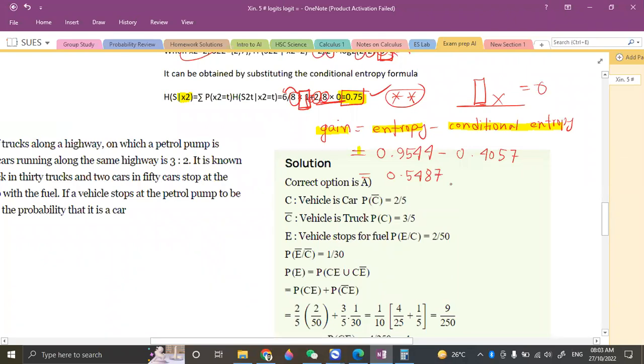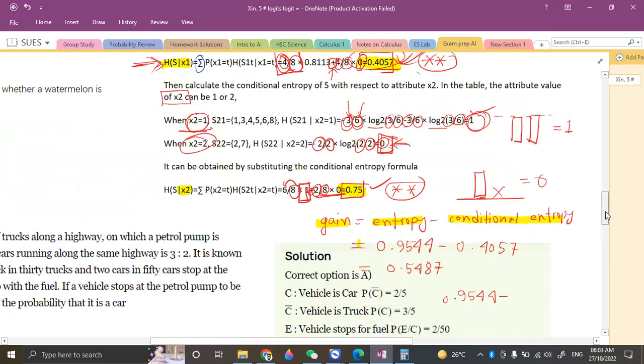And now let's find the gain for x2. So for the gain for x2, first we write down the total entropy, 0.9544, and then minus the conditional entropy of x2, that is 0.75.